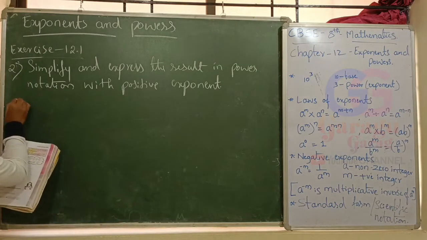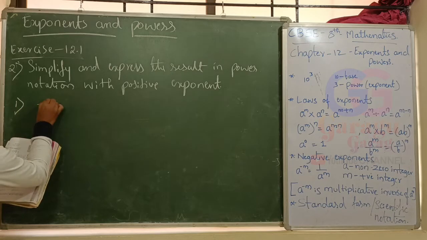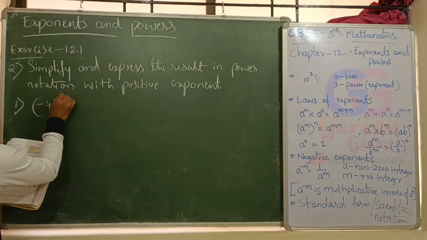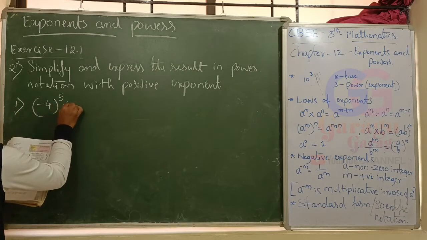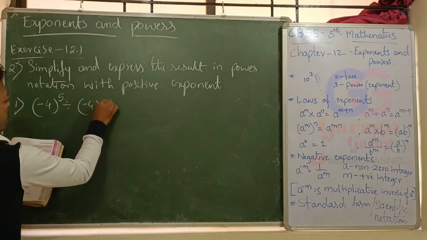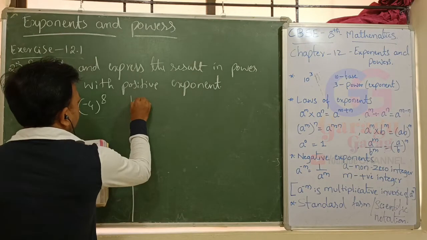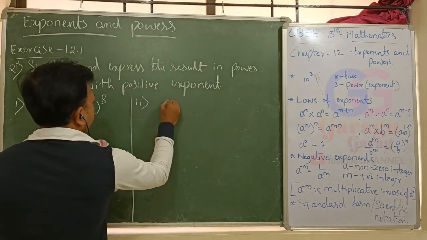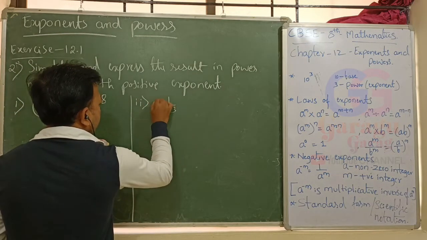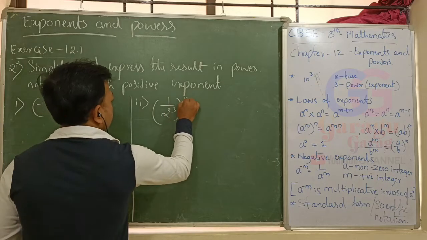First one: minus 4 raised to 5 divided by minus 4 raised to 8. Second: 1 divided by 2 cube, whole raised to 2.